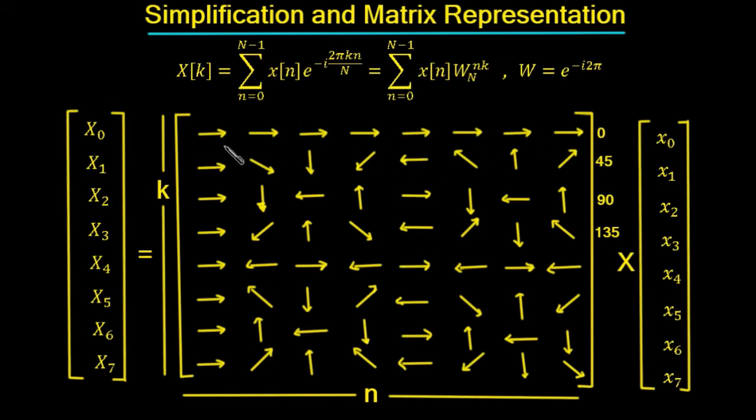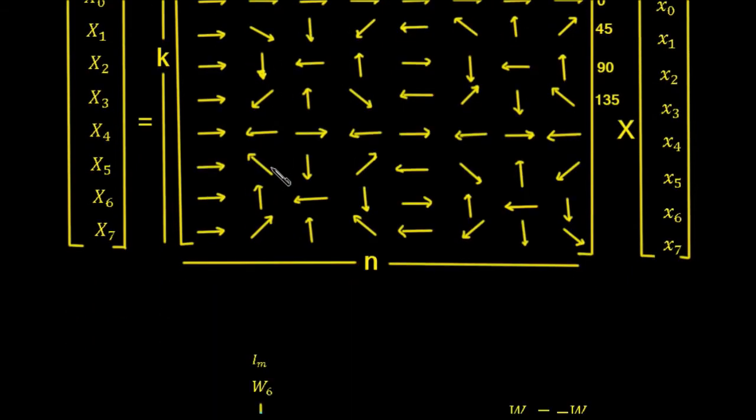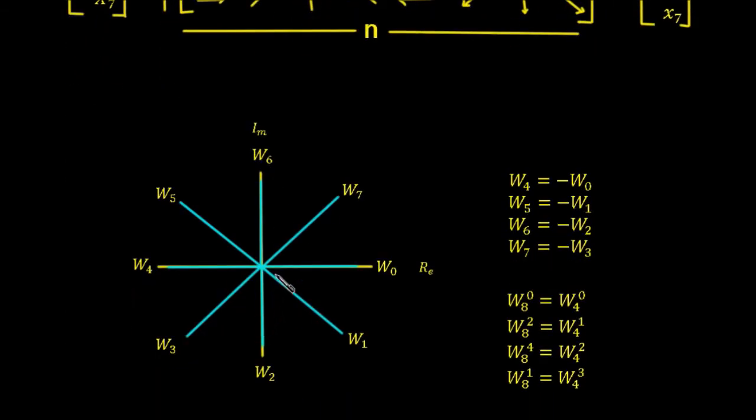The n goes from 0, 1, 2, 3, 4, 5, 6, 7, but in all instances here the k is equal to 0, so that's just the same as e to the power of 0, which is just a value of 1. So if it's just a value of 1, it's just simply the phasor which is running in this direction here. So if I've drawn down below, it's just this phasor here.